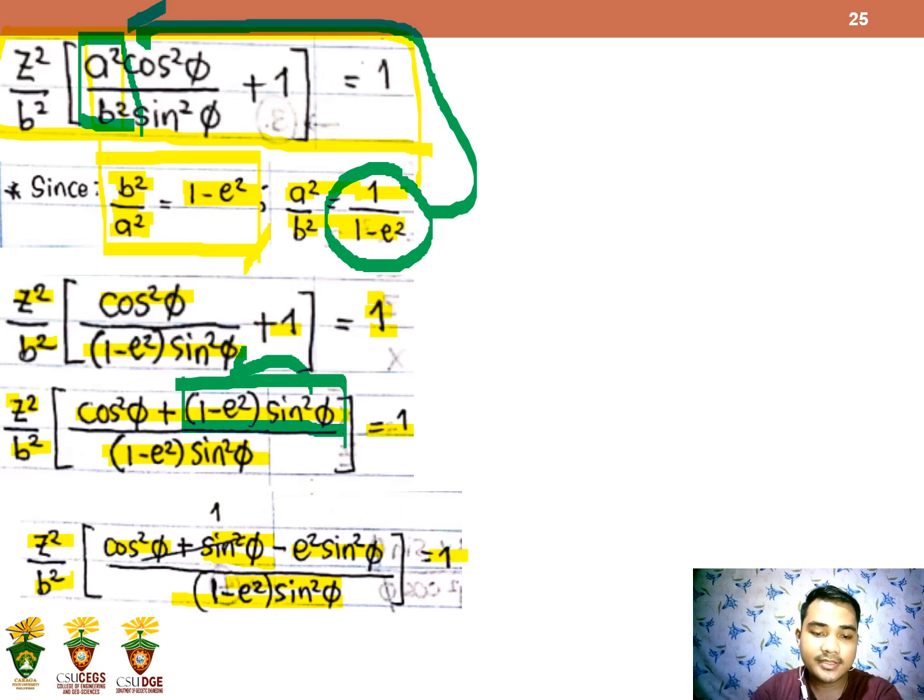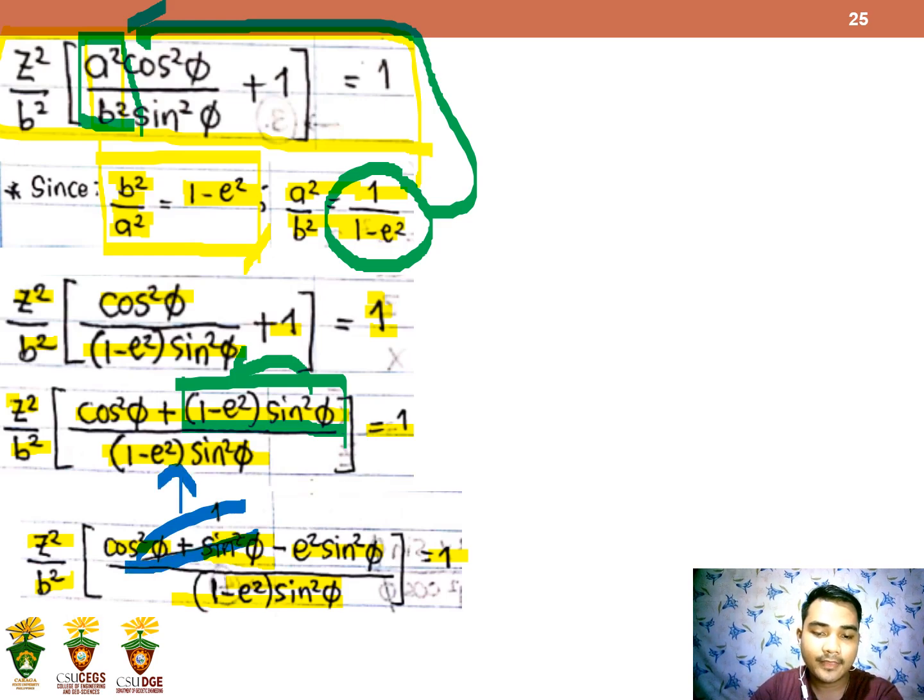But since we have this mathematical identity that cosine squared theta plus sine squared theta is equal to 1, from your trigonometric identities, so review that in your class, this part is equal to 1.